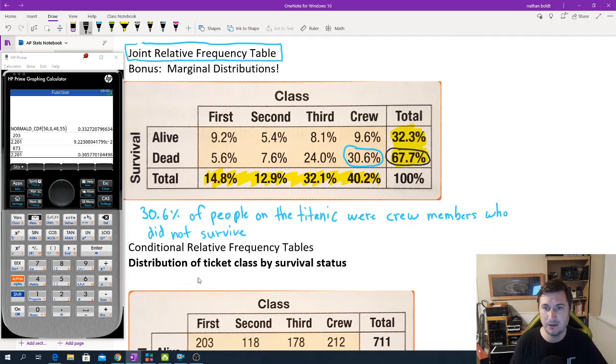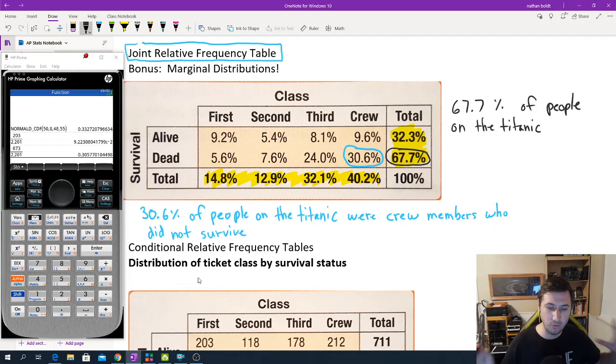67.7%. So because I'm doing a joint sort of still, this is still the entire ship. So 67.7% of people on the Titanic. Remember, I'm still looking at the whole thing.